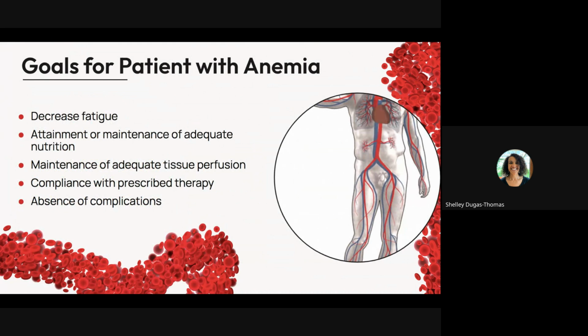The major goals for the patient with anemia include decreased fatigue, attainment or maintenance of adequate nutrition, attainment or maintenance of adequate tissue perfusion, effective management of the prescribed treatment plan, and absence of complications.